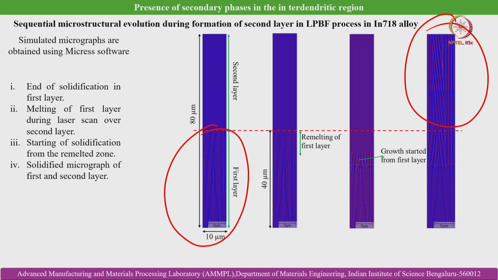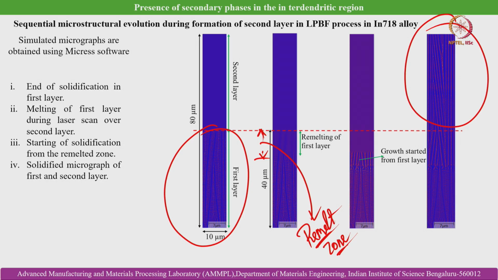Why? Because when the powder bed is deposited and the laser beam starts melting it, there has to be a remelting up to a certain depth of the initially solidified metal in the first layer. That is called the remelt zone, and it shows significantly different microstructural features than both the first layer and the second layer.